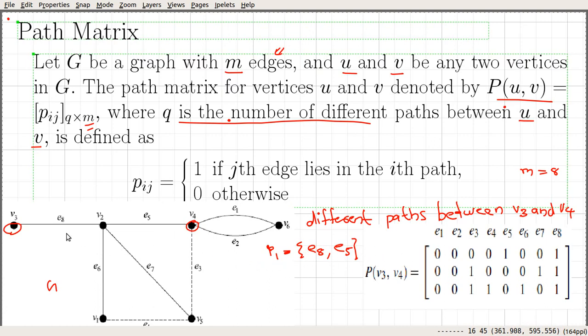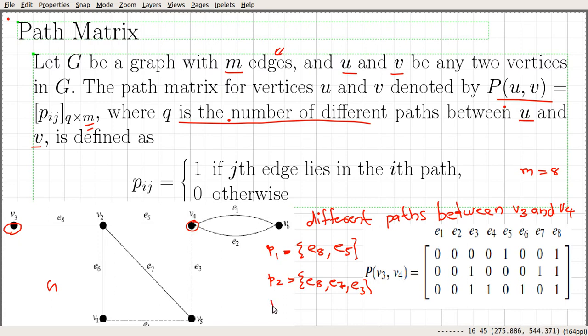Let me call the next one p2. First it must use e8, then say e7, and then e3 to v4. That is the second path between these two vertices.